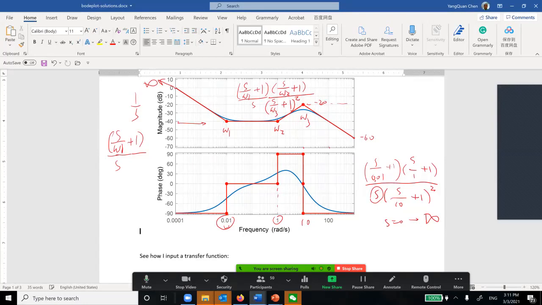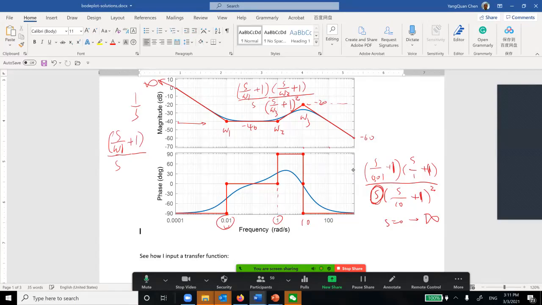Without this S term, you check everything. If S goes to 0, then it is minus 40. Minus 40 here. But in our case, you only have 1, 1 and 1, so you need minus 40 dB.